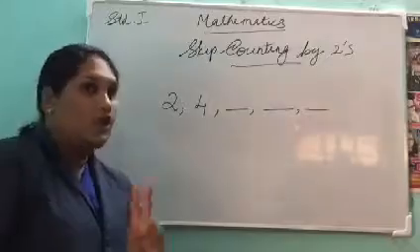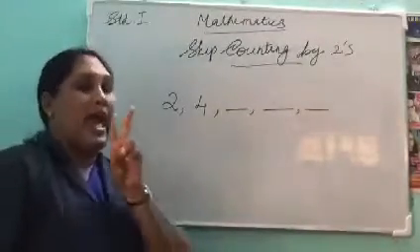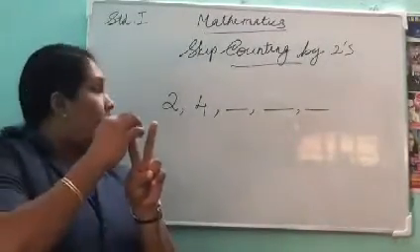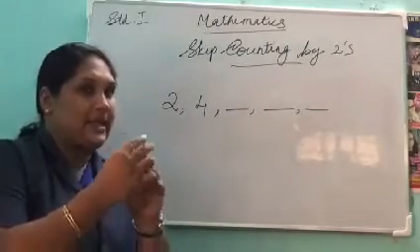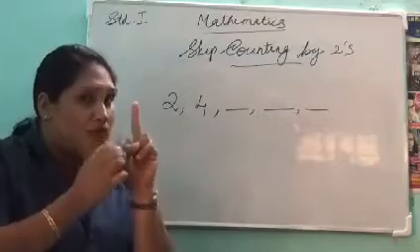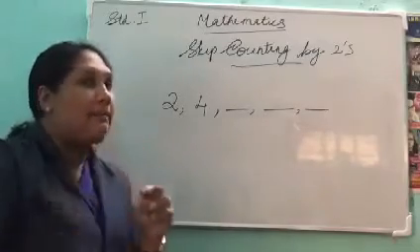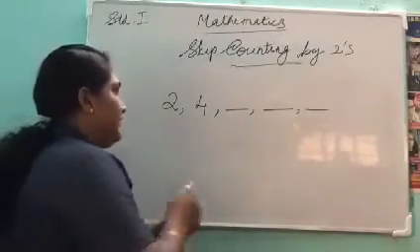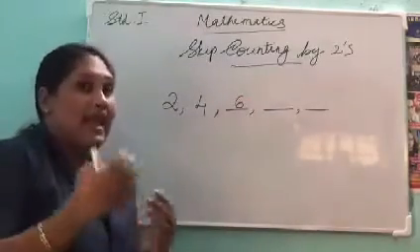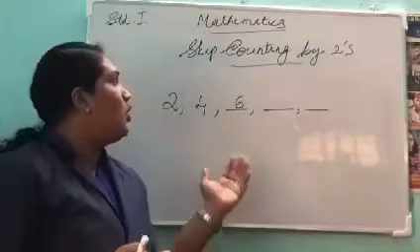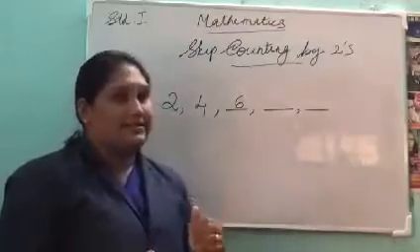You have to take 2 fingers and count. Which is the next number? 5, 6. We have to skip 5 and write the number 6. Likewise, you have to fill the blanks.